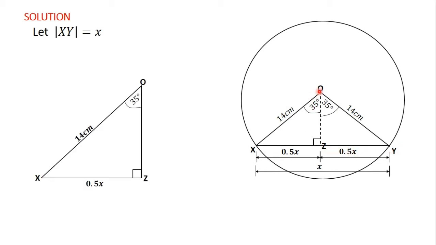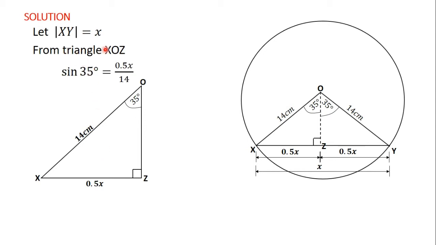Now, if we take the triangle OZX, you will see that it's forming a right-angled triangle where XZ is 0.5x, XO is 14 centimeters, and the angle formed at O is 35 degrees. We want to find x. 0.5x is opposite to 35 degrees, and 14 is the hypotenuse.